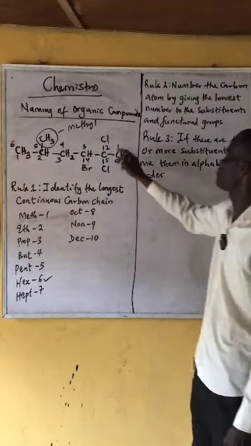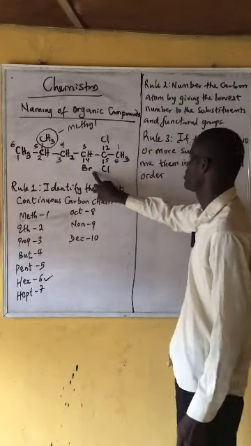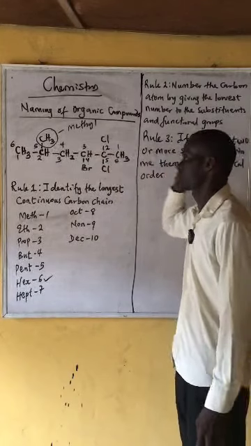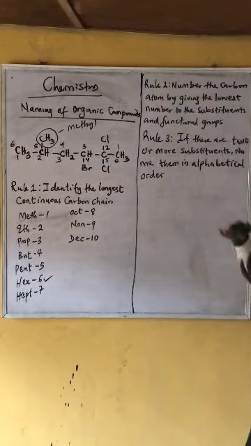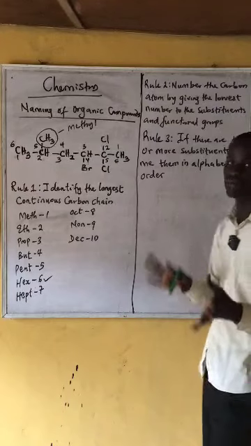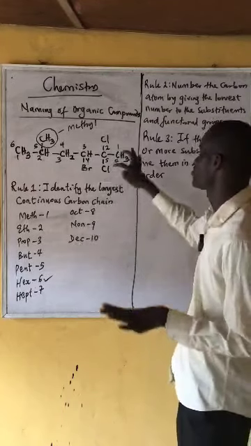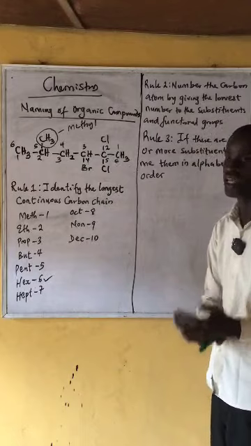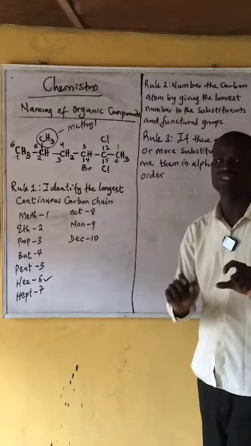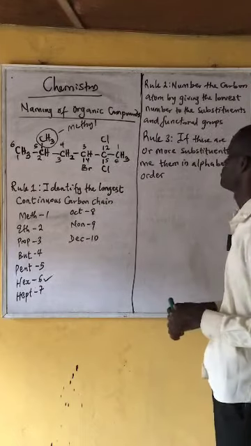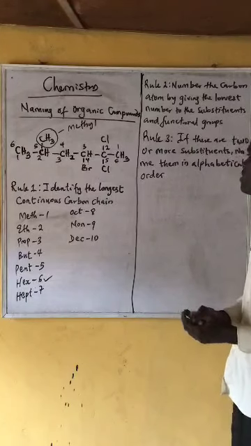In this case now, we have 3 functional groups and 1 substituent. So if there are 2 or more substituents or functional groups, you have to name them in alphabetical order.